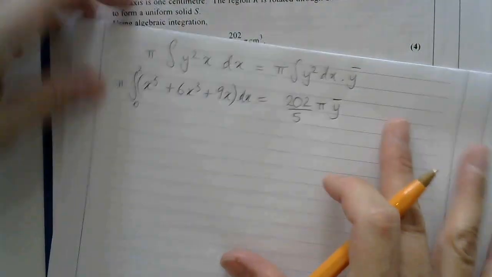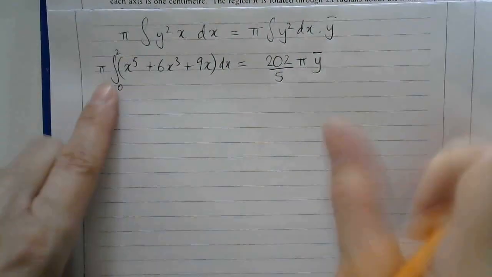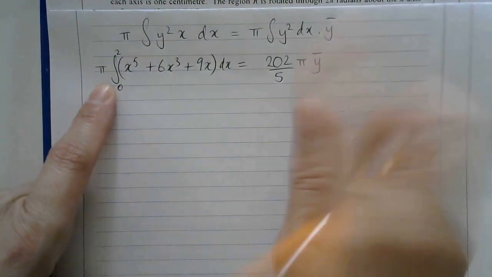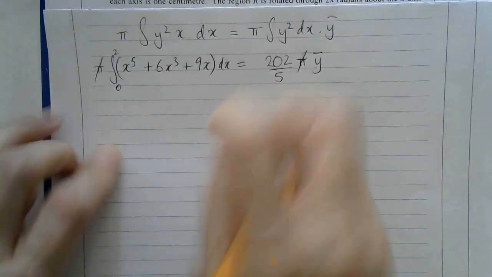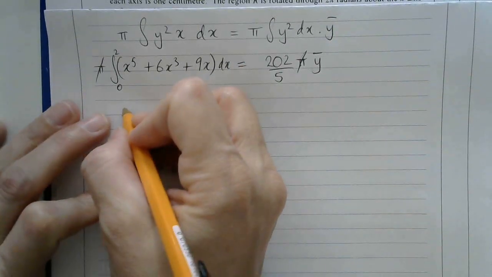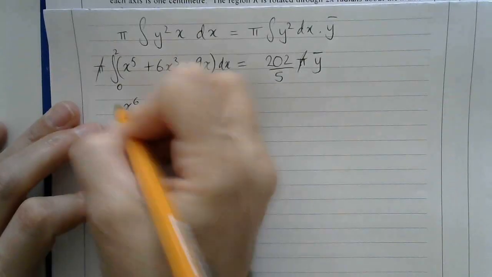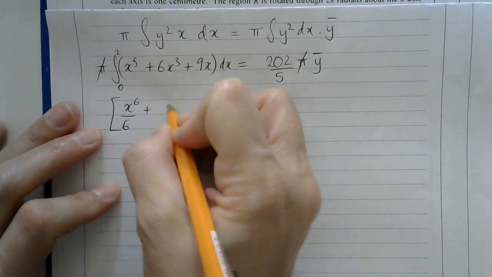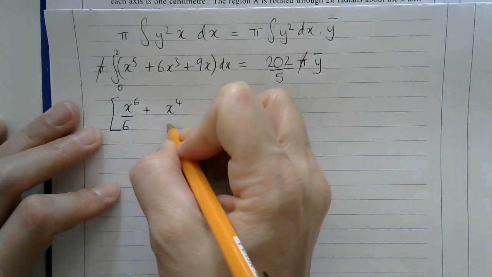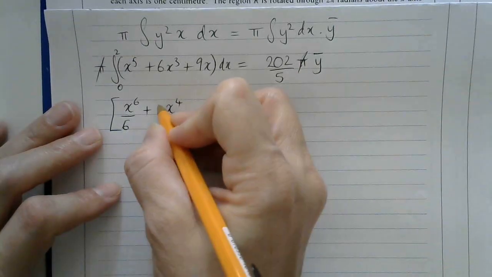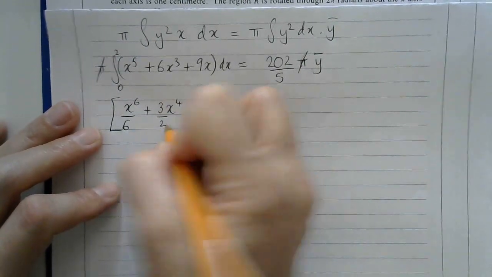So now I can divide both sides by pi and do the integration on the left hand side. So here I end up with add 1 to the power, divide by new power. Add 1 to the power, divide by new power. So I will end up with 6 over 4, which will simplify to 3 over 2.